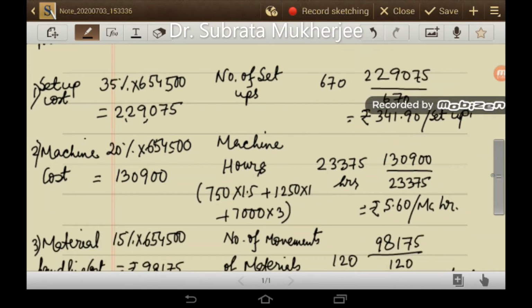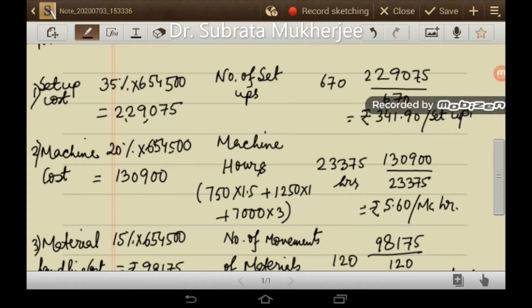Second is the machine cost. 20% of 6,54,500 is 1,30,900. Machine hours required: 750 units were produced for product X and 1.5 machine hours are required per unit, so we have multiplied 750 into 1.5.